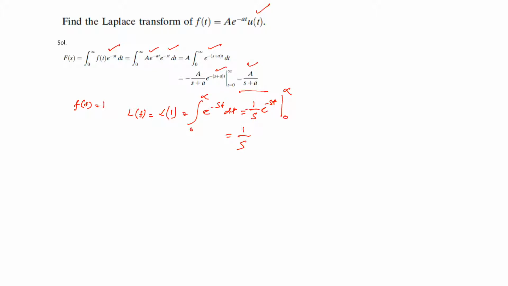However, such an integral is called an improper integral, and to solve this improper integral you have to do it like this: the integral of e to the minus st f(t) dt equals the limit as T tends to infinity of the integral from 0 to T of e to the minus st f(t) dt.